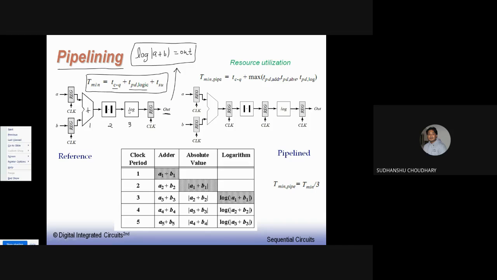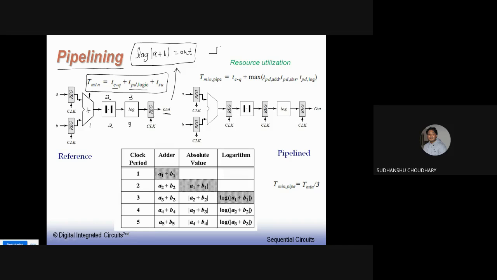If we try to find out the total clock edges required when the output will come out here: in the first clock edge, A plus B will be performed. Then in the second clock edge, modulus will be performed. And then in the third clock edge, the logarithmic will be performed.